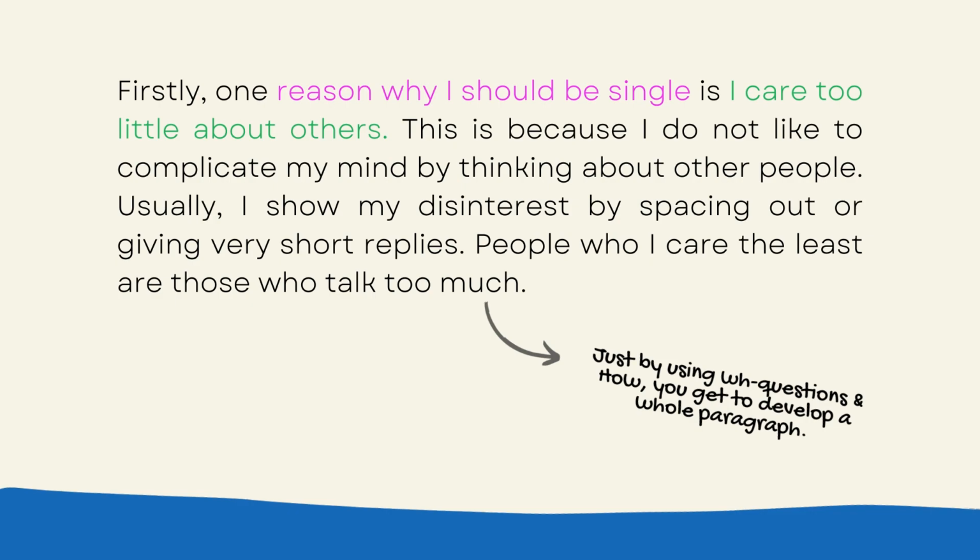These are the answers for the questions that you asked before. This is because I do not like to complicate my mind by thinking about other people. Usually, I show my disinterest by spacing out or giving very short replies. People who I care the least are those who talk too much. You see, just by using WH questions and how, you get to develop a whole paragraph.